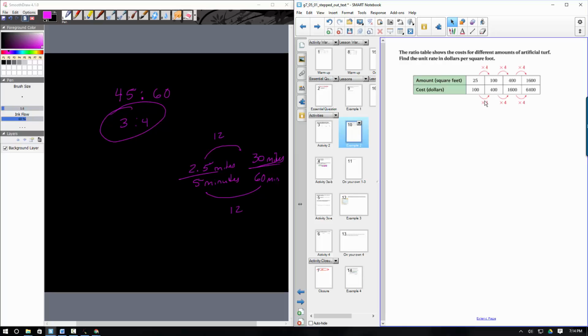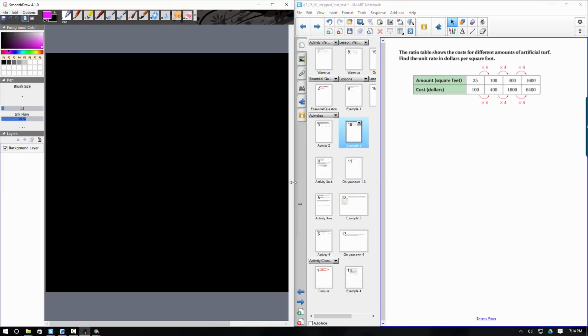This one here says, if you look at it, it's going up by times 4 every time. This is also going up by times 4 every time. It says this shows a cost of different amounts of artificial turf. Find the unit rate in dollars per foot. So I want dollar, which would be like the 100. So I'm going to write this down, dollar per foot. So I'll put dollar over foot.